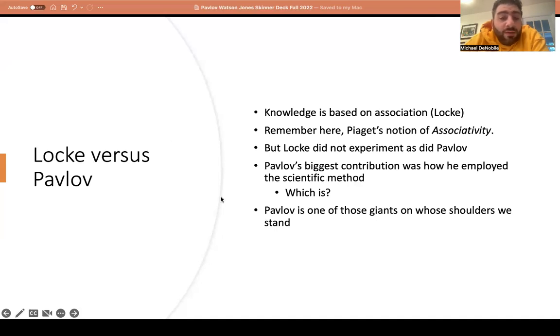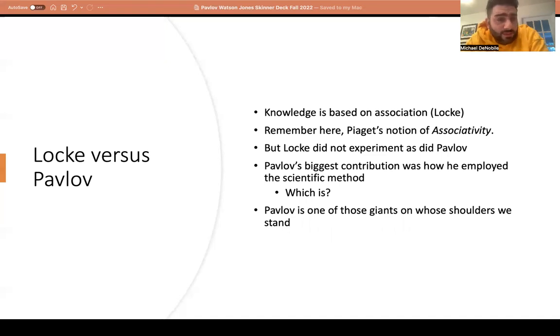Locke versus Pavlov. Knowledge is based on association, said Locke, and remember Piaget's notion of associativity. But Locke did not experiment as did Pavlov. So what Pavlov did was basically bring Locke's work into the lab. Pavlov's biggest contribution was how he employed the scientific method.